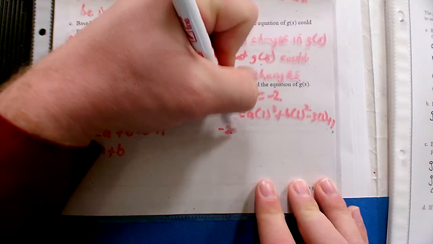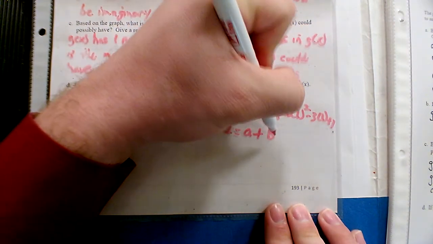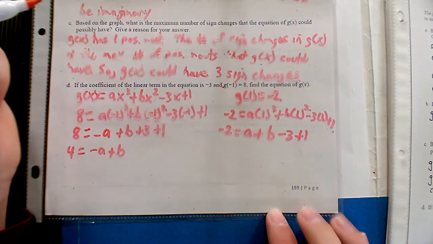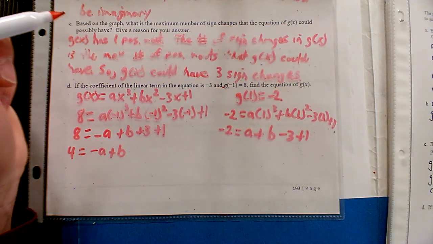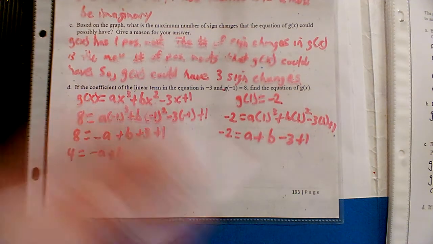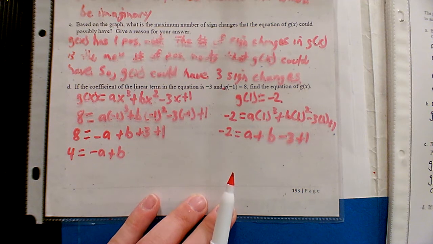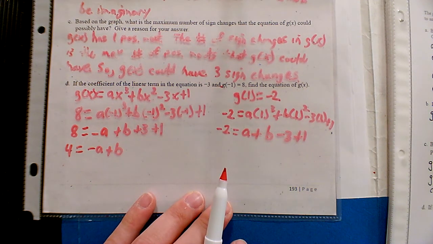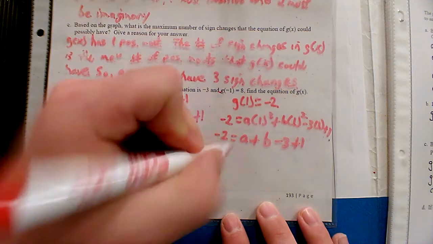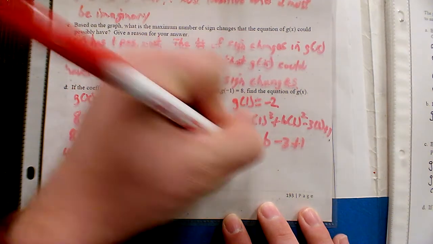So we're left with -2 equals A plus B minus 3 plus 1. When you simplify and you move your numbers to the left side, what are you left with on the left side? Yeah, we get 0 equals A plus B.